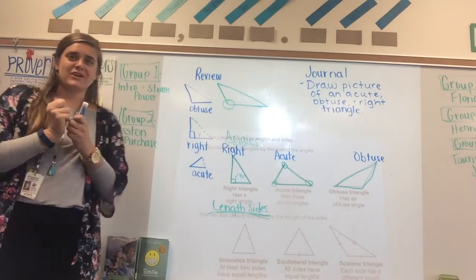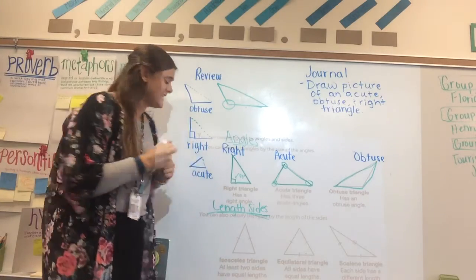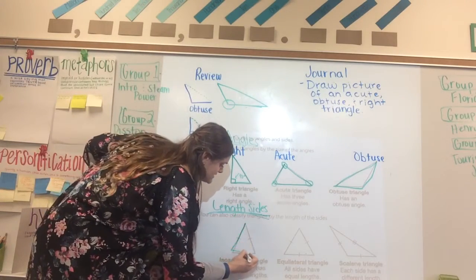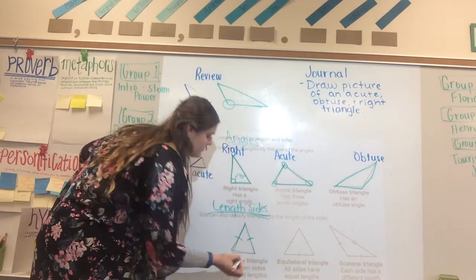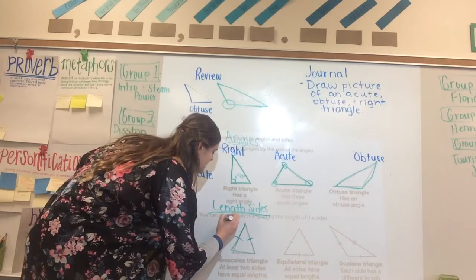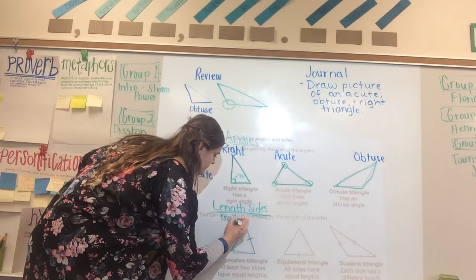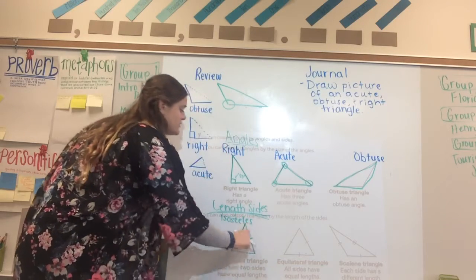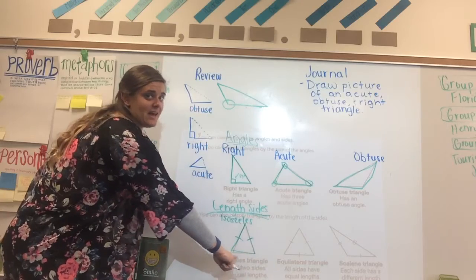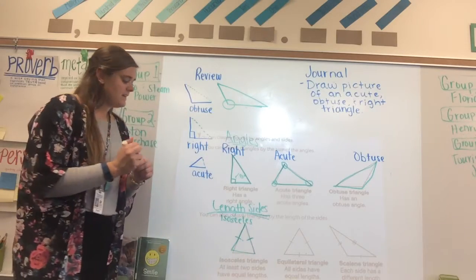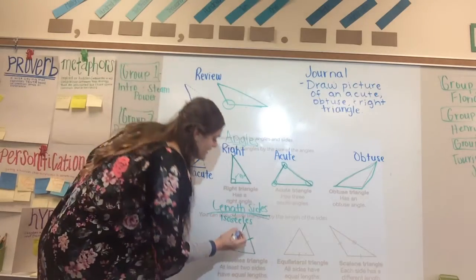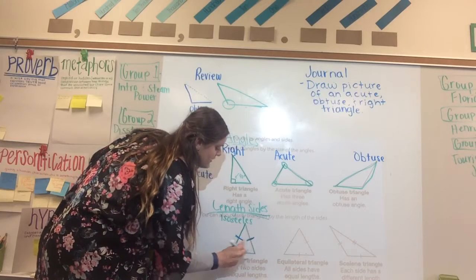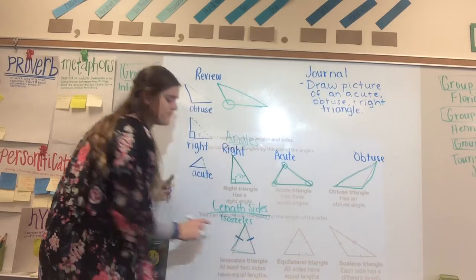So if our triangle has two sides that are the same, which are shown by these dashes here and here, this is called an isosceles triangle. We gotta make sure I spell it right. That's when two sides are the same and the other one is not the same length. Again, these lines here show that these sides are equal.